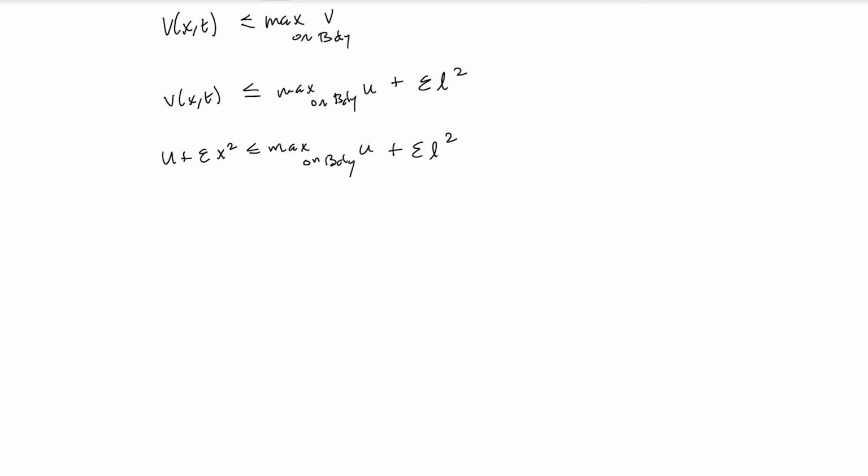Well, we're free to just move things around, right? This is just an inequality, which means that if we subtract epsilon x squared on both sides, we get u is less than or equal to the maximum on the boundary of u plus epsilon times L squared minus x squared, right?